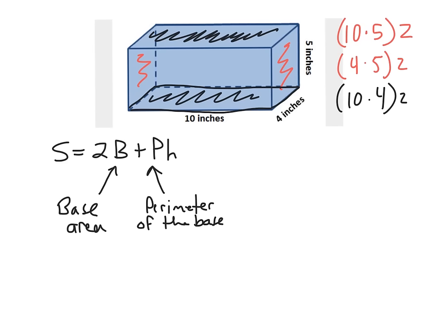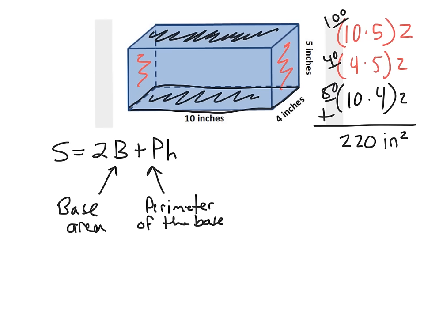I could find the area of each surface and double it because it's a rectangular prism, and then I could add it all up. So if I did all these calculations, I'd get 100 plus 40 plus 80. If I add all those up, I get 220. So by this method, I got 220 square inches.